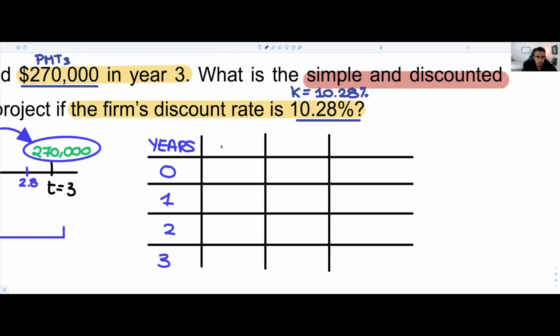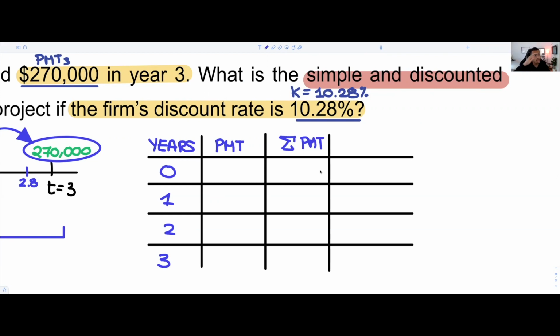Then we're going to look at the cash flow that was made in that year. For this question, I'll write it as the payment. Then I want to look at the sum of all those payments, how much total money we made. The reason we want to look at how much total money you made on this project is because we want to figure out when the sum of the cash flows that you generated is greater than the original investment.